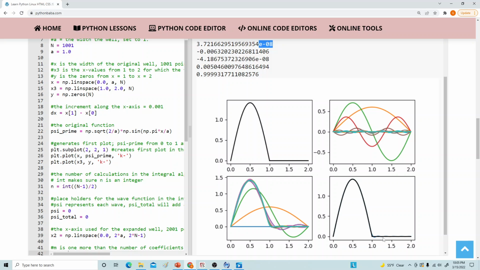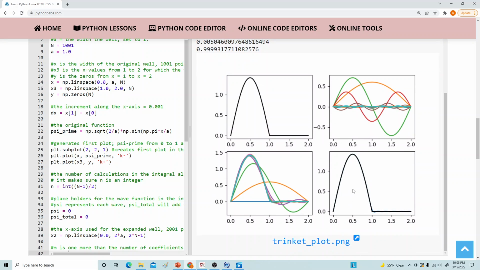You can still see a little bit of wiggle down here. But other than that, the series of complete functions with the correctly calculated coefficients is nearly an exact match for our original function. Okay? Nearly an exact match, which is really cool. So this is how you can calculate Fourier coefficients.